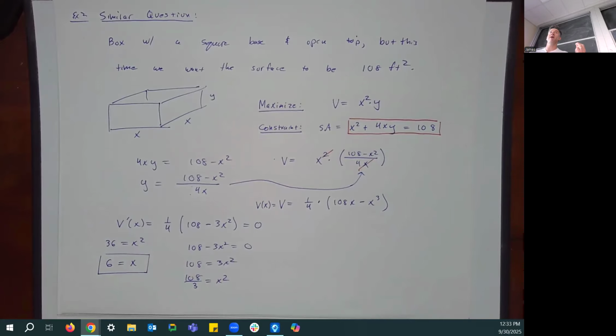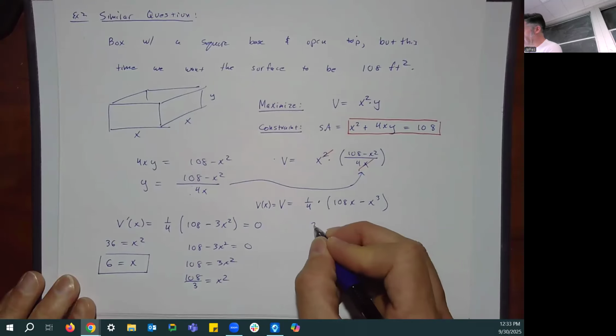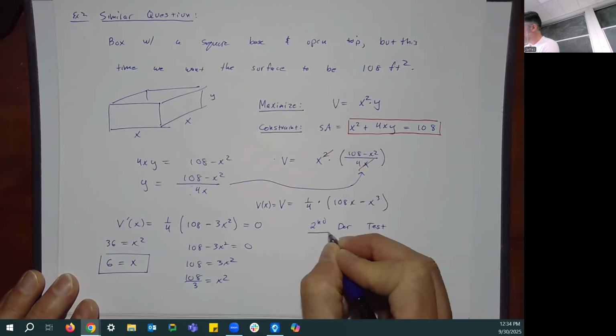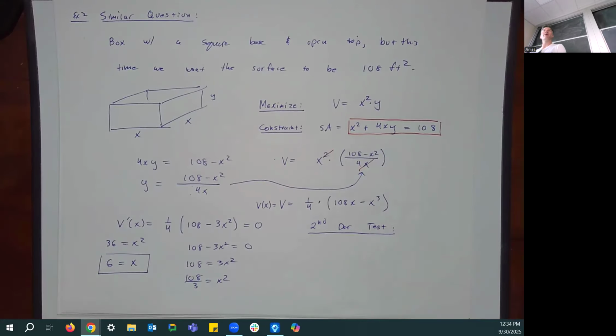In the same sort of way we did last time, we're going to check to see if this critical point gives us a maximum or minimum using the second derivative test. As its name would imply, we need the second derivative of our function. So this is important. When you're doing this part, you can't use all the algebraic simplification I've done.